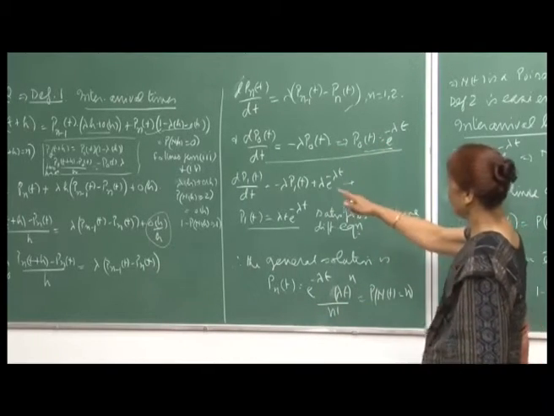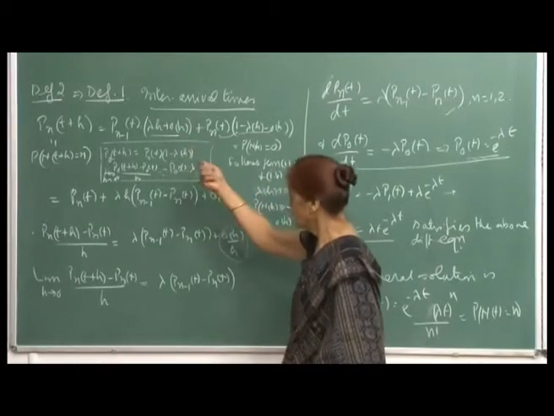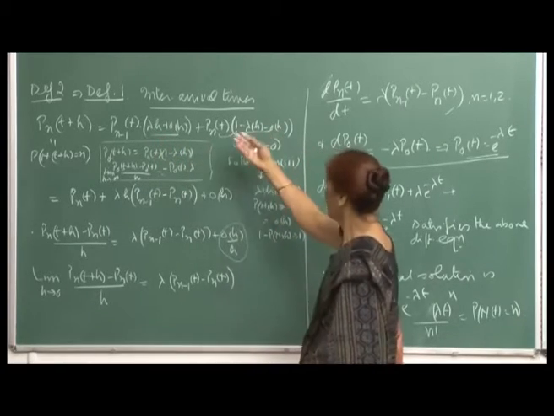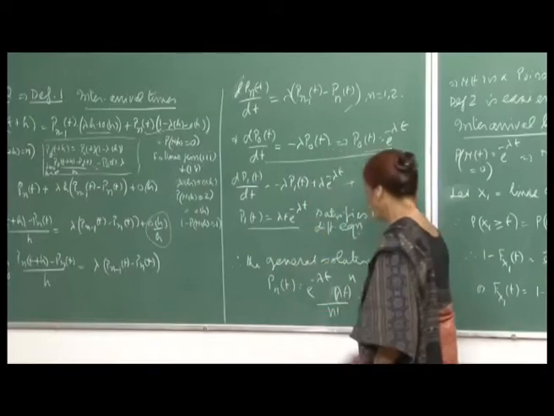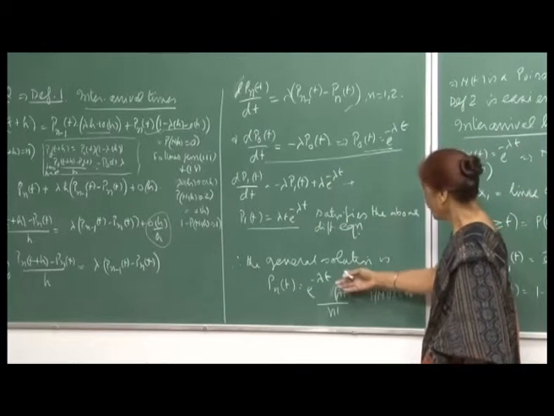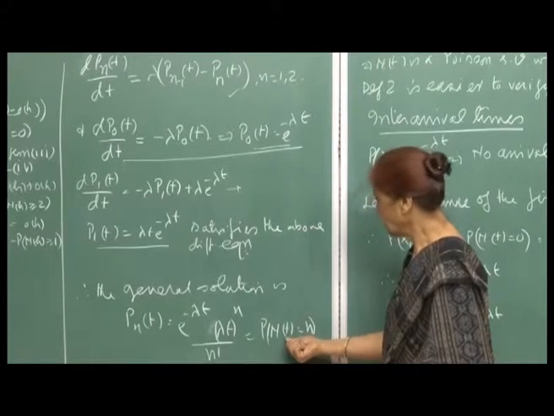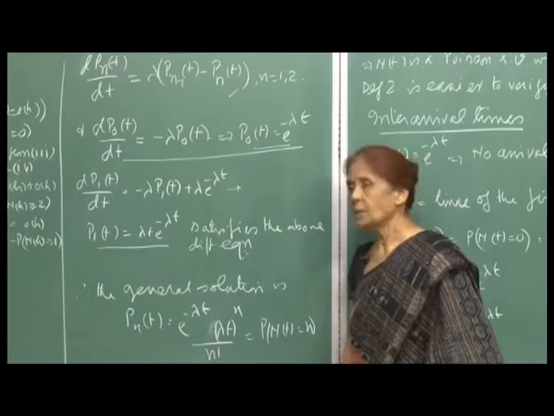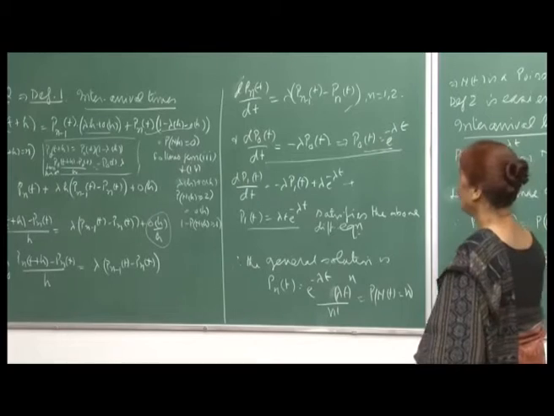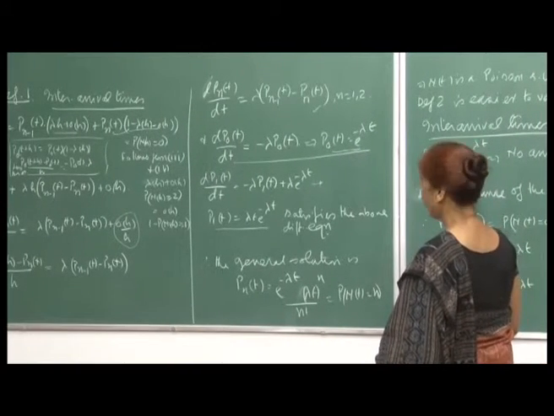So, now using these properties, the probability of the number of occurrences in the time interval h, the third and fourth conditions of definition 2 help us to show that the number of arrivals up to time t would follow a Poisson distribution. So, a nice way of showing that, and therefore definition 2 is easier to verify.